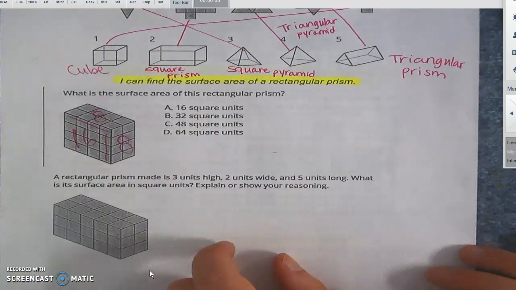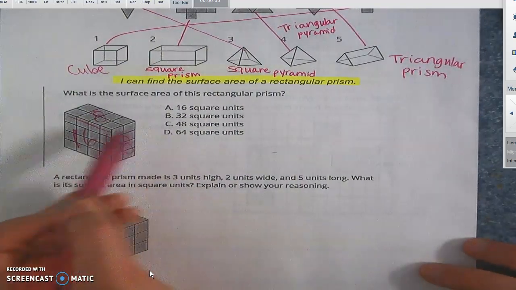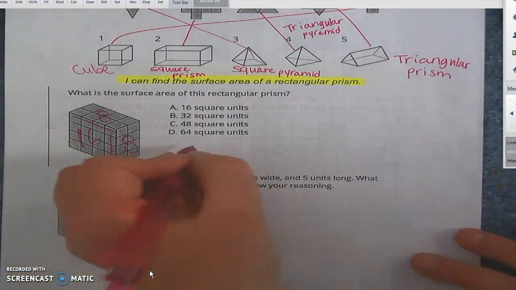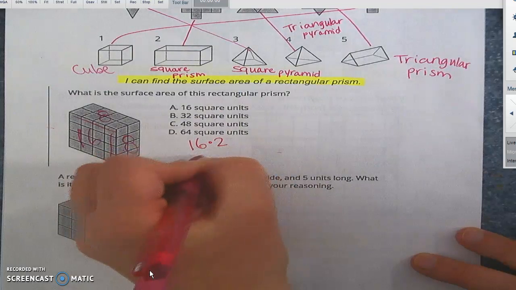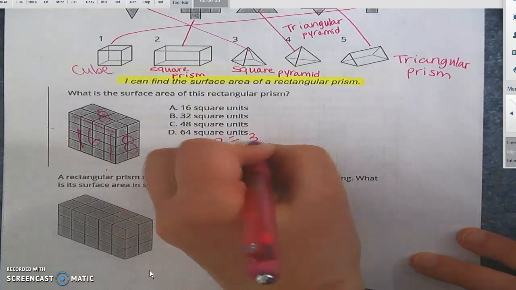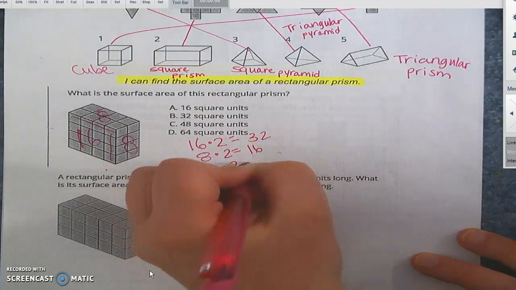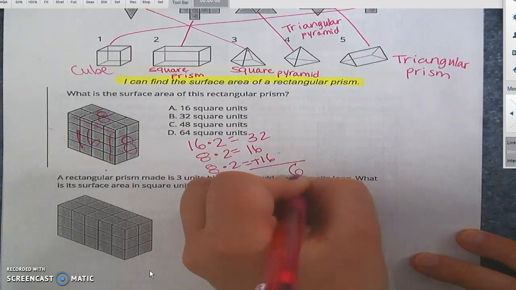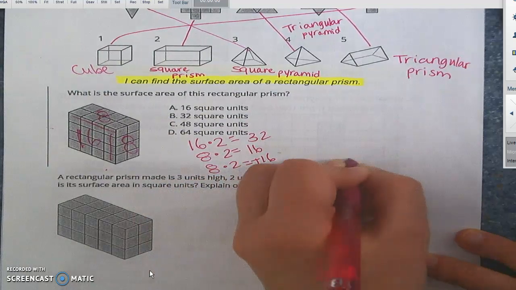And then the thing that I need to remember is that it has a front, back, a top, bottom, a side, side. So I need to double each of these. So 16 times 2, 8 times 2, 8 times 2. So 32, 16, and 16. I add those pieces up, and that's 64 square units.